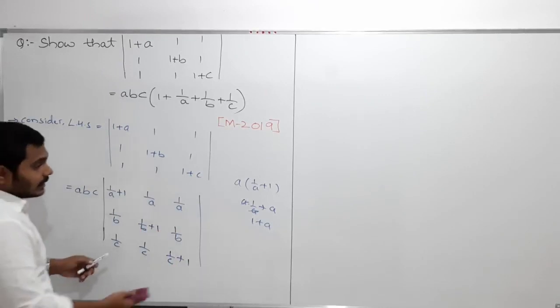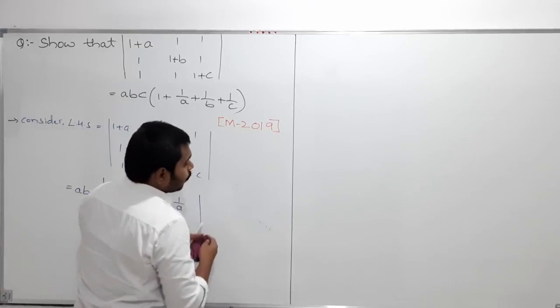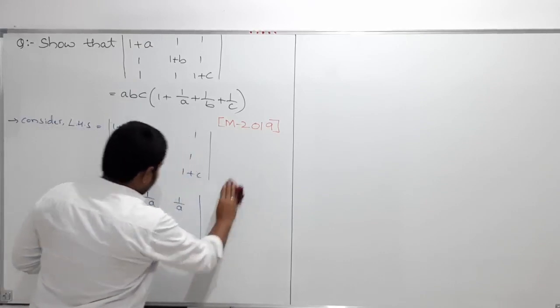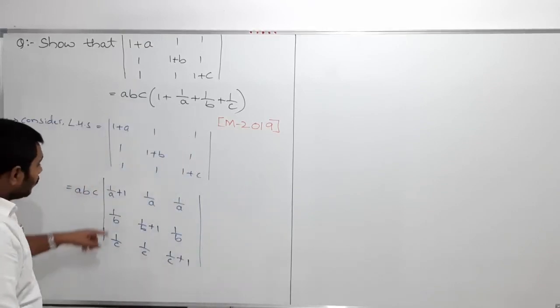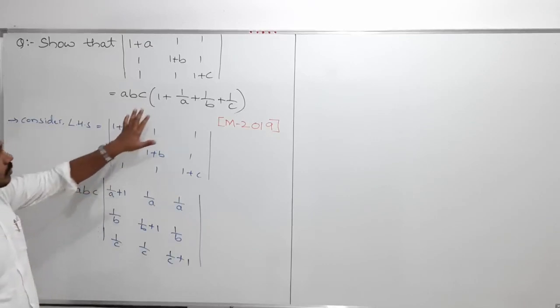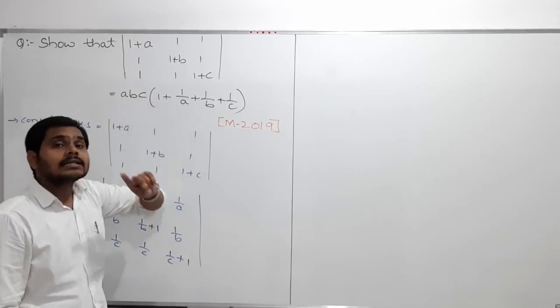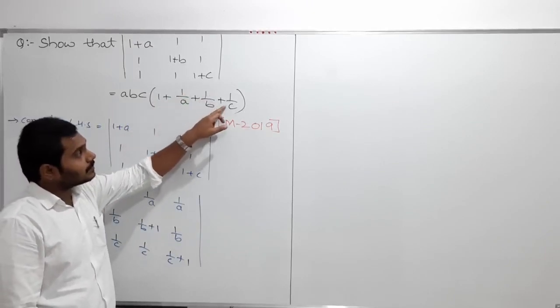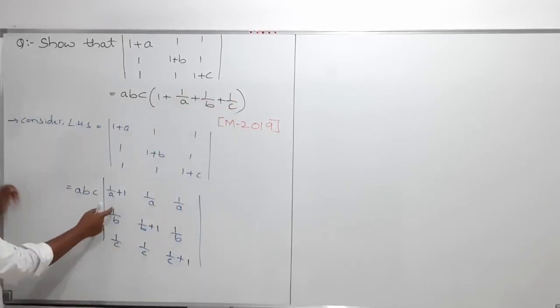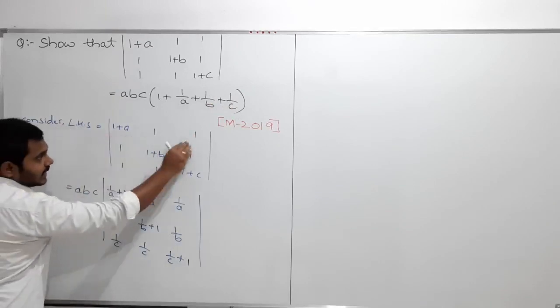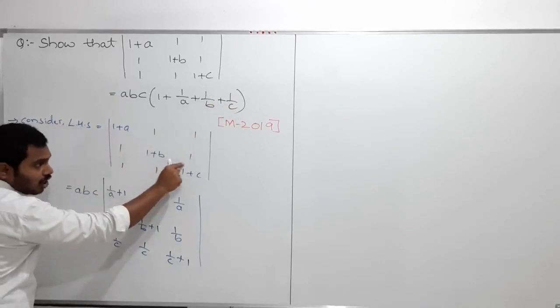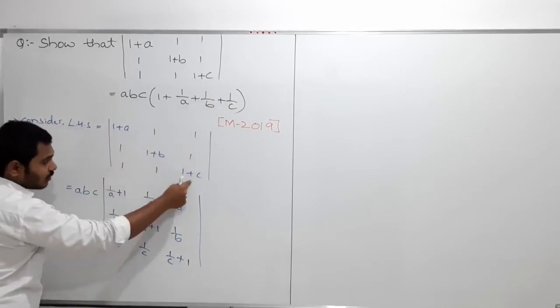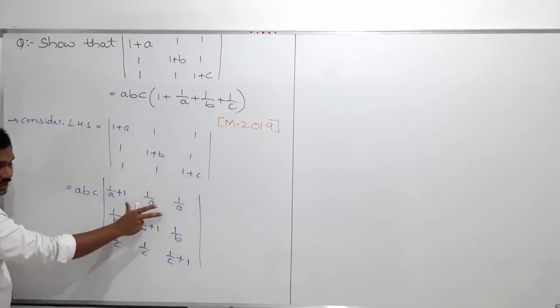So now you can easily understand. Very clear, that if I add, what should I get in the RHS? In the RHS part I should get 1 plus 1 by A plus 1 by B plus 1 by C. So if you take A common from row 1, B common from row 2, C common from row 3, you will get the elements like this.